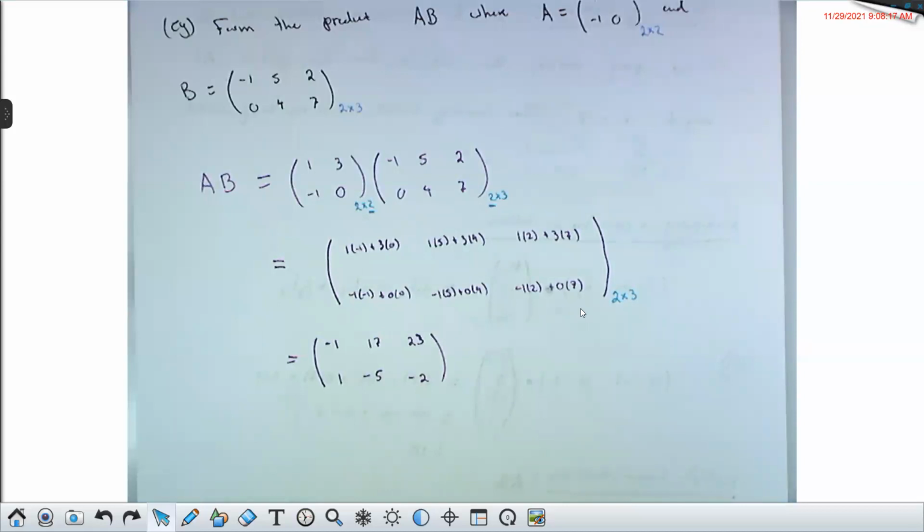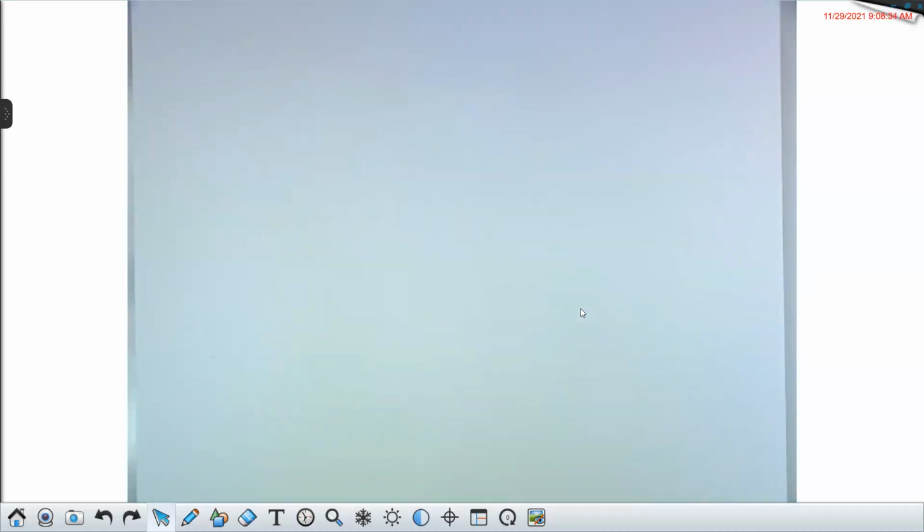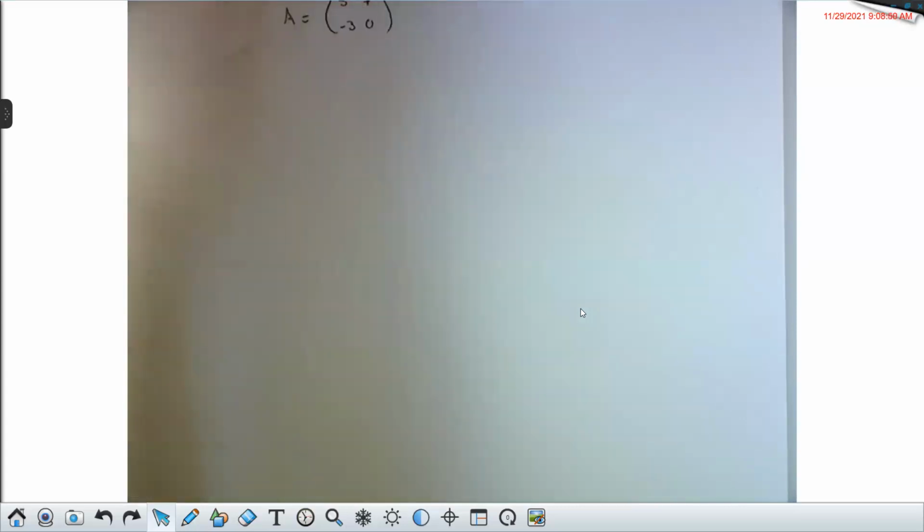I would like to do one more example here where we're multiplying some matrices just for fun. And I want to take two matrices that are the same size so that I can form the product in either direction. So let's let A be the 2 by 2 matrix, 5, 7, -3, 0.